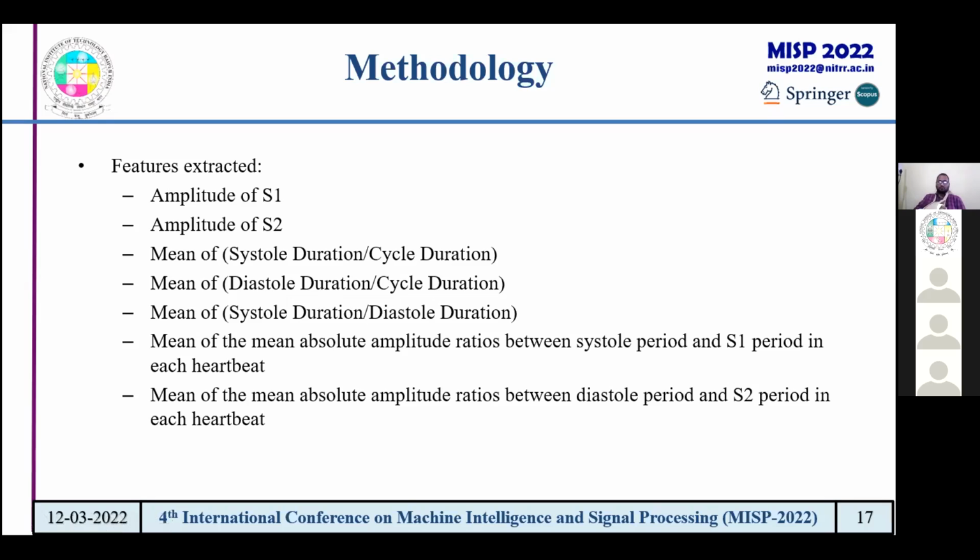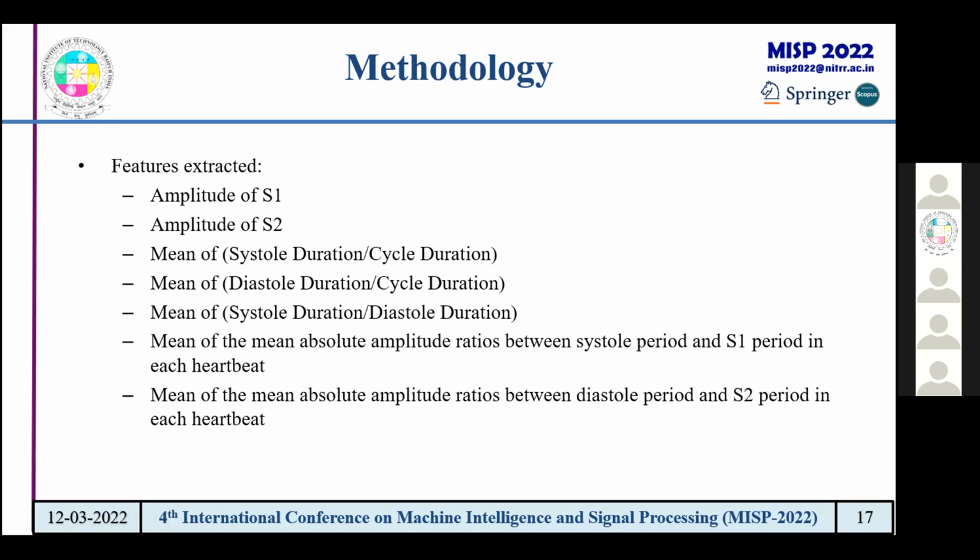Just for discussion, do you think it is more robust to take the amplitude of S1 or S2, or to take the mean of the deviation? For the amplitude of S1, after segmentation I get the assigned states, like S1 systole and S2 diastole.